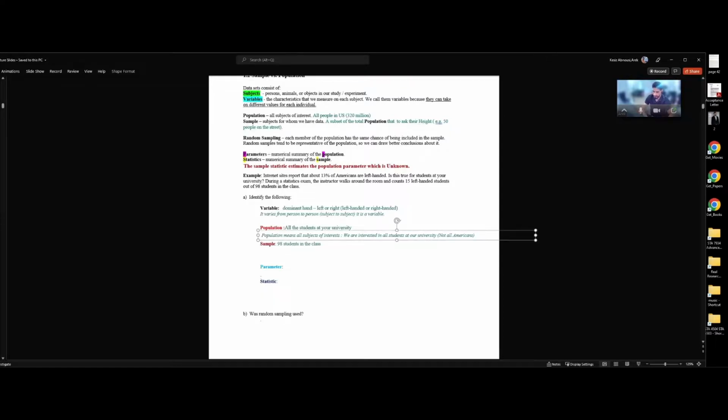So the parameter is the population proportion. Proportions are a numerical summary of all students at the university who are left-handed, right?